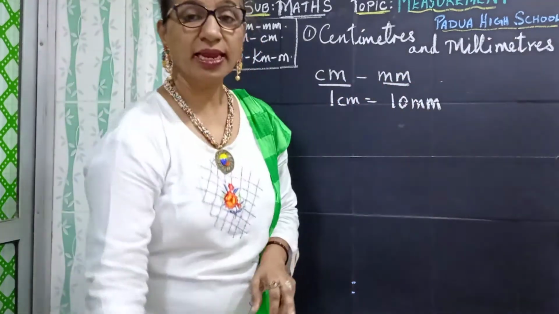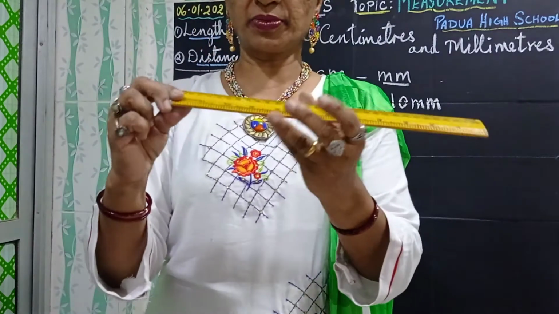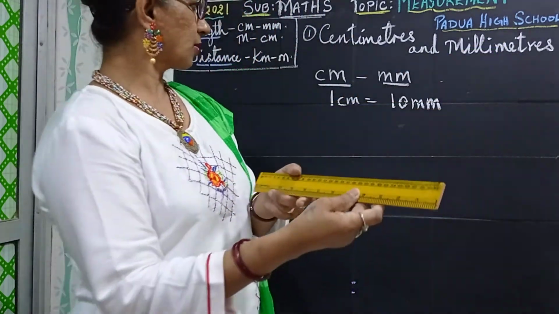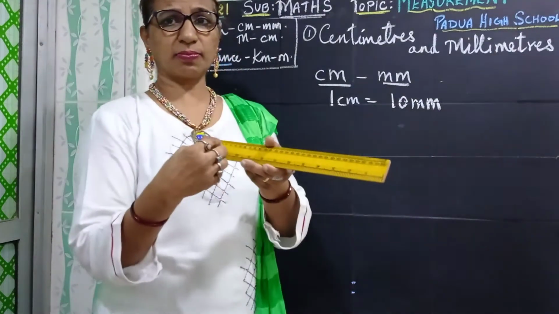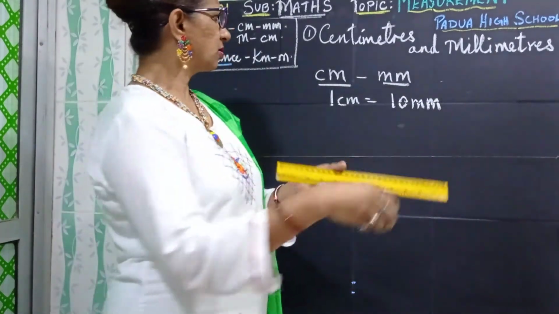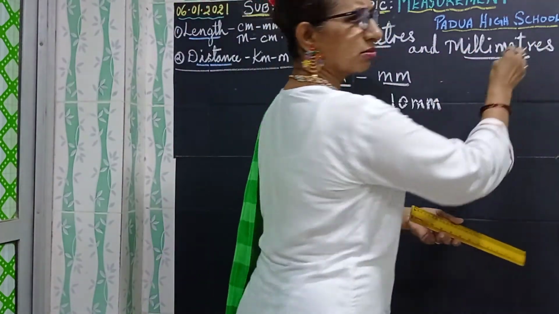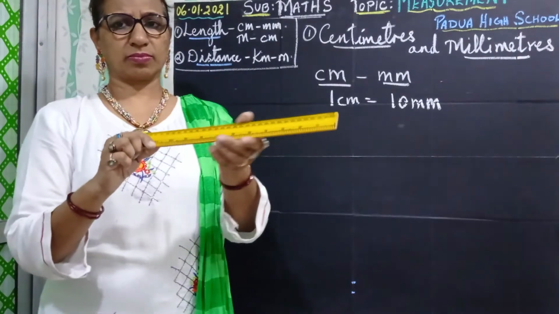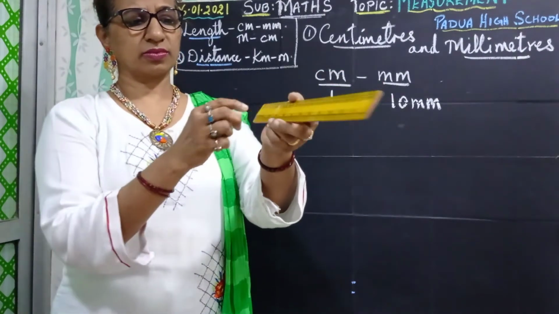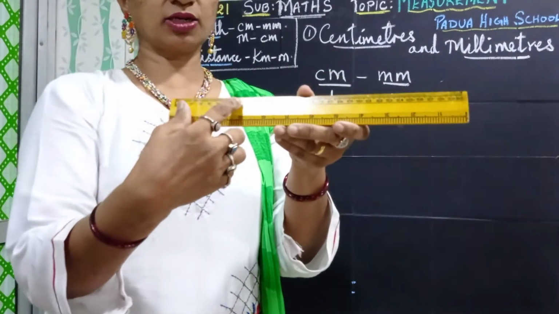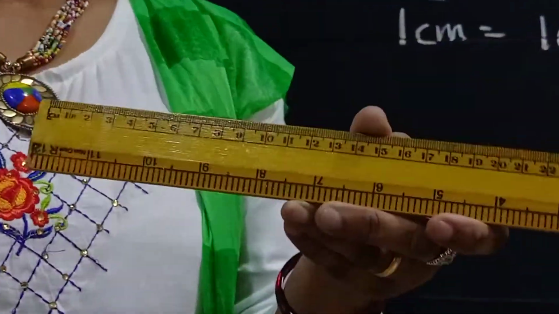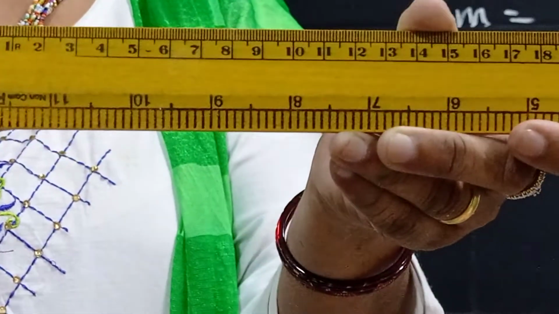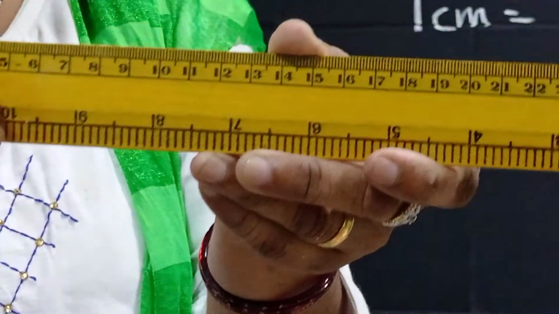What this means is that in this ruler, the big markings that you have seen, children, they are centimeters. And in between, each gap has 10 lines.